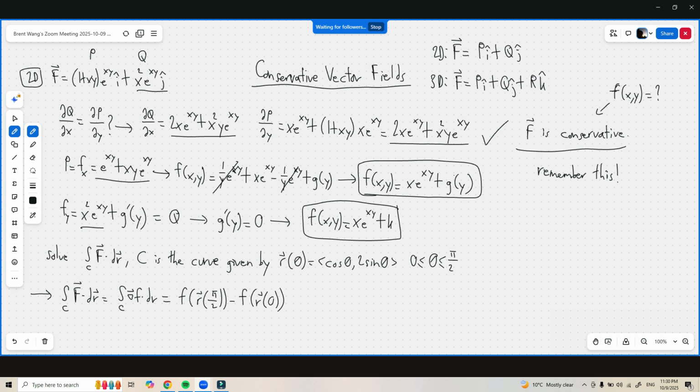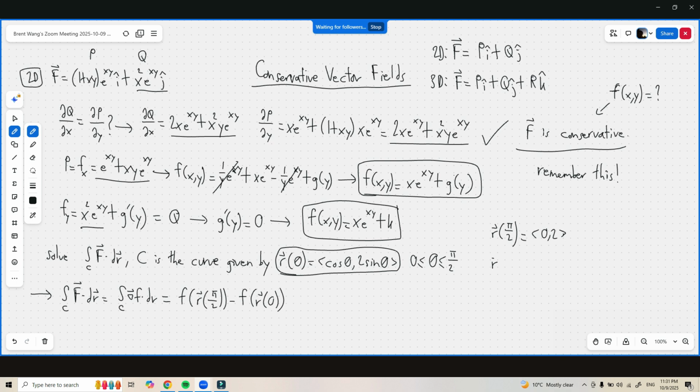Let's evaluate r of pi over 2 and r of 0. r of pi over 2 is equal to (0, 2).